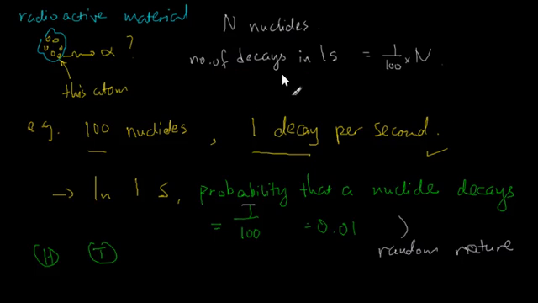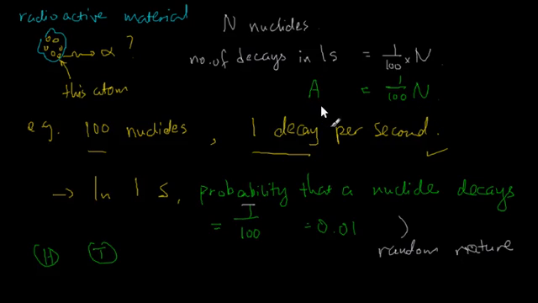Since this is the number of decays in 1 second, it means that it's actually the activity that I was talking about. That's what activity means, number of decays per second. So therefore, I have an equation which says that the activity is equal to 1 over 100 times n. This relation is an important relation.